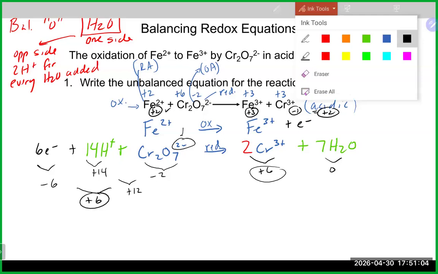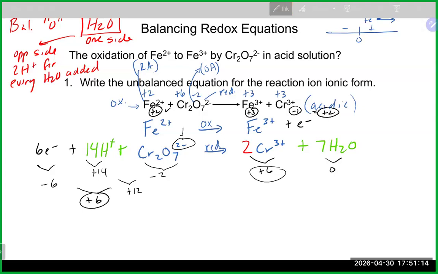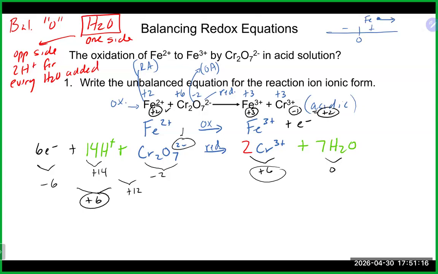Now, like I said before, figuring out what is the oxidation and what is the reduction half reaction at this point is really a good idea. That is because we do know that in the oxidation half reaction, our electrons should end up on the right-hand side, which they did.